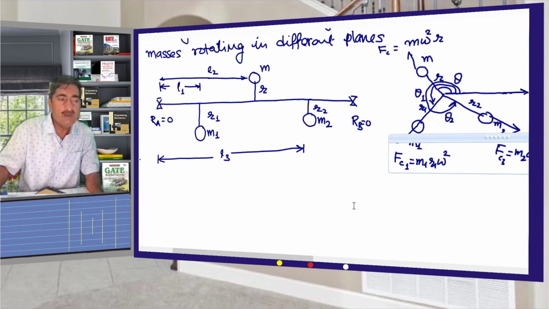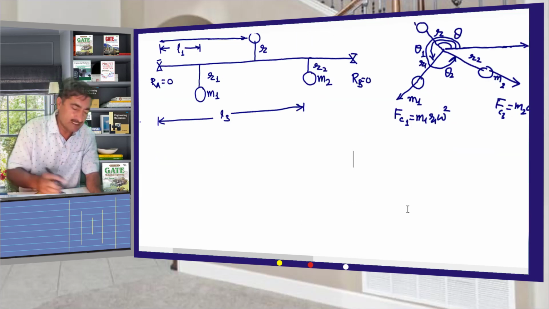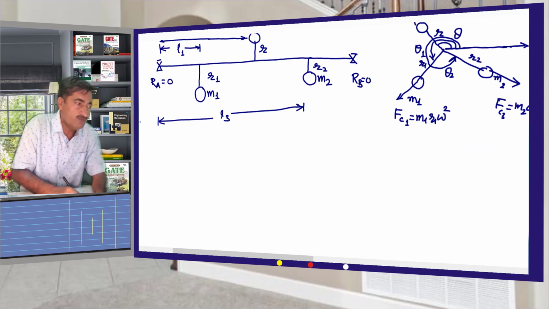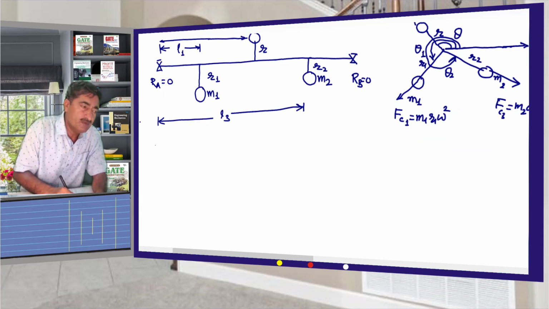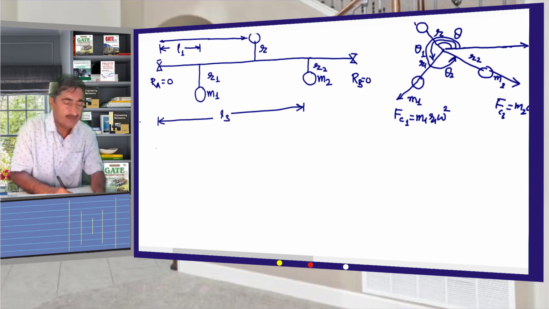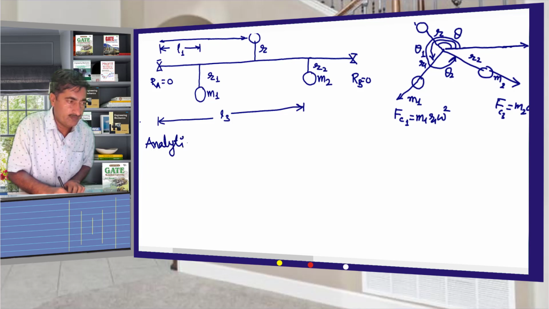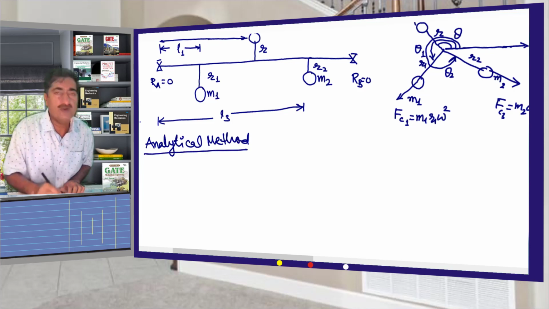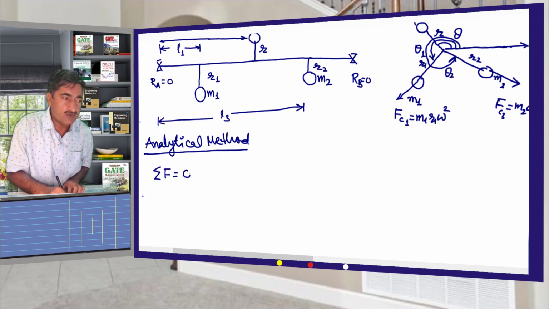For completely balancing, first we solve by analytical method. That means the resultant force should be equal to 0.